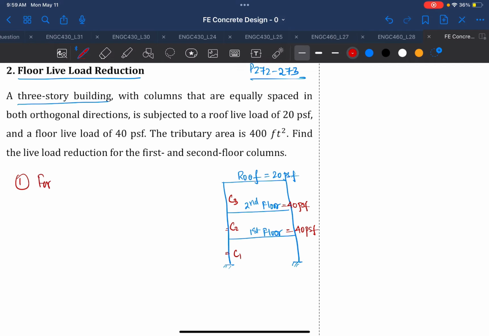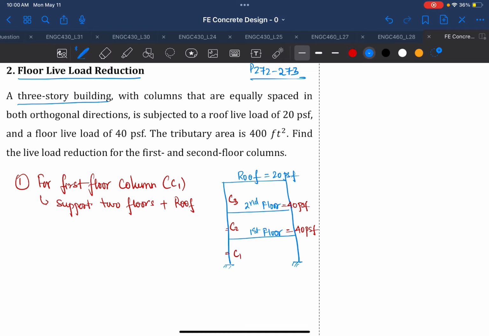So for the first floor column, which is C1, it has to support 2 floors plus the roof.